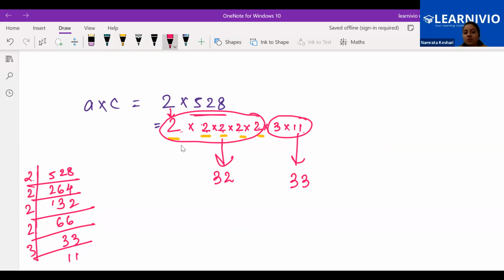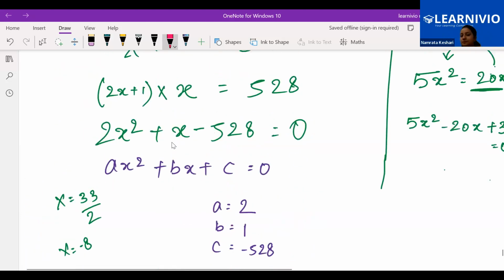So when we took all the 2's together and 11 and 3 together, we got 32 and 33. When we do the subtraction, 33 minus 32, we get the middle term, that is 1. Check it. So 32 and 33, these two are the factors. This is how we are always going to break it.